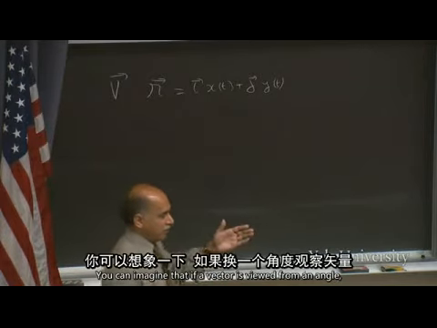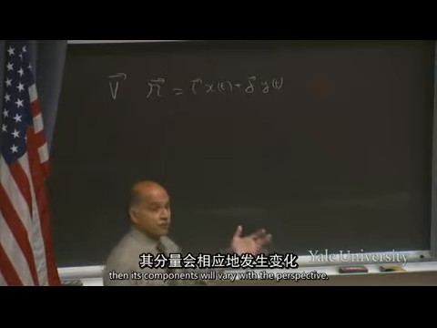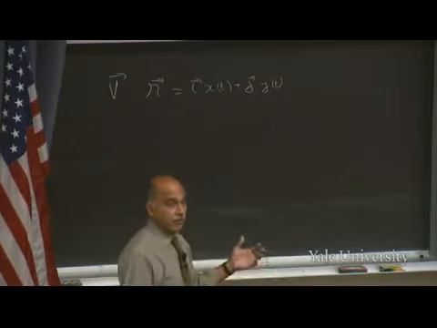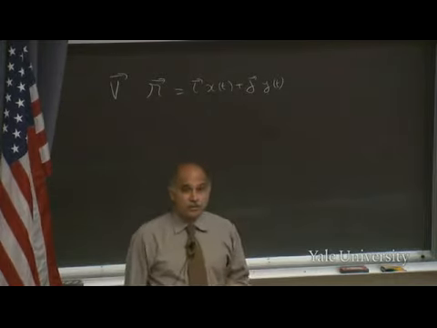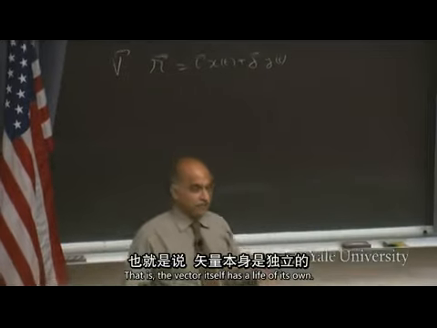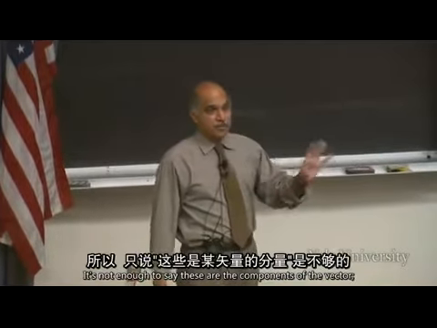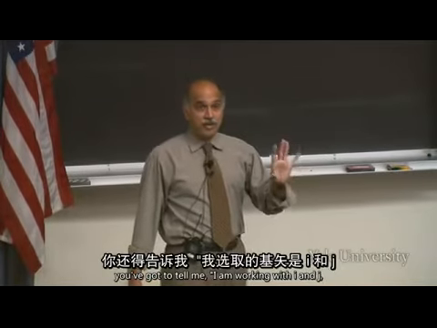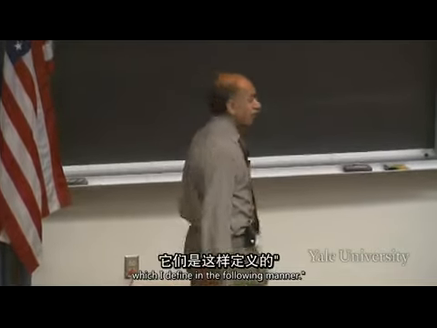You can imagine that if a vector is viewed from an angle, then its components will vary with the perspective. So the components of the vector are not invariant characterizations of the vector. Whereas the vector itself has a life of its own, the components come in the minute you pick your axes. So it's not enough to say these are the components of the vector. You've got to tell me I'm working with i and j, which are defined in the following manner.